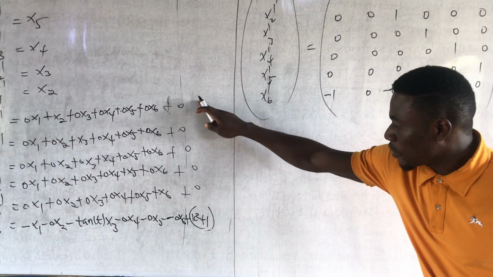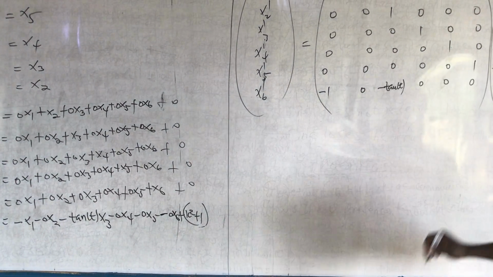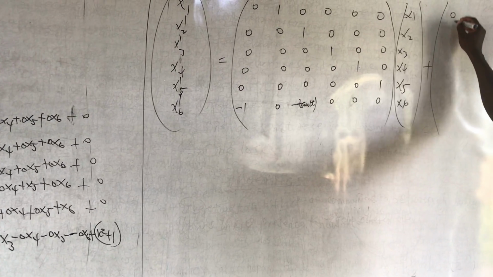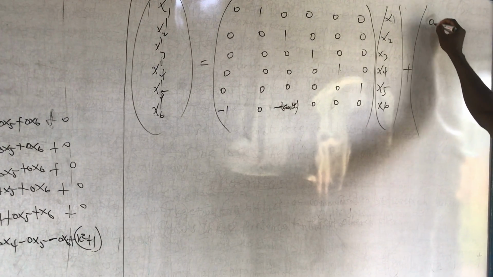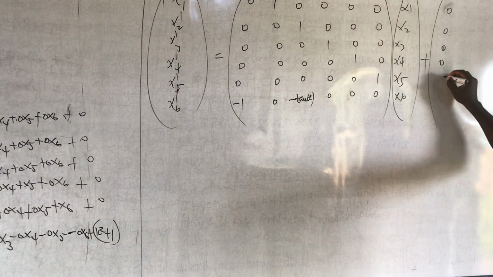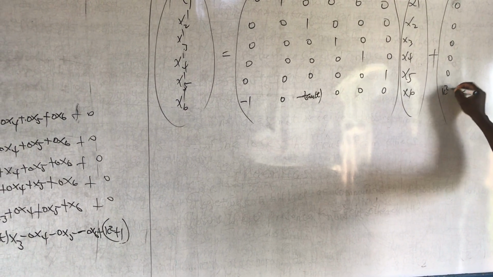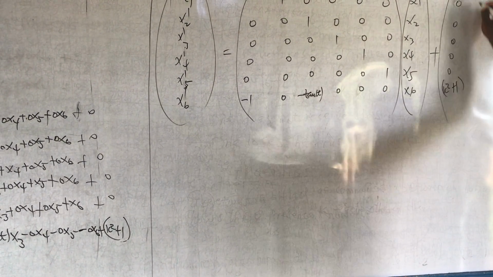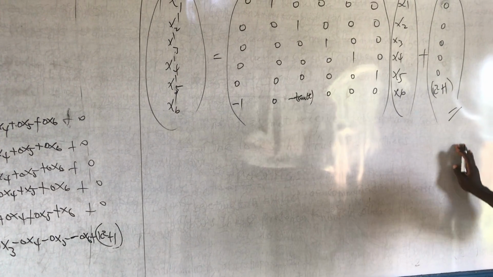We are bringing 0 because of k² + 1. So we have here 0, 0, 0, 0, 0, k² + 1. Now, this is the solution of the problem.